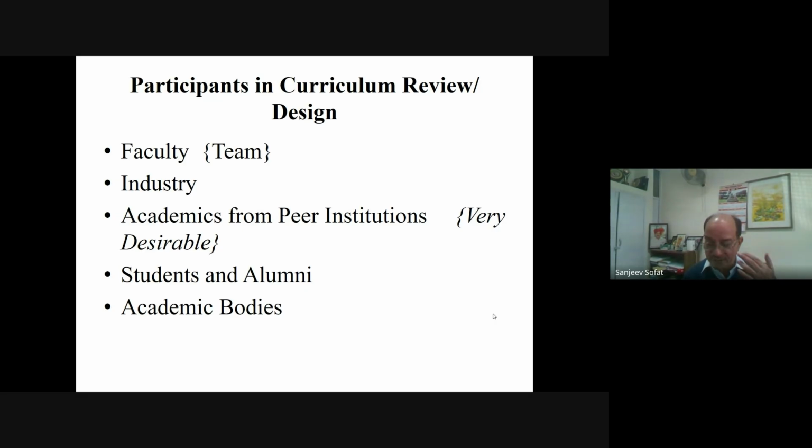Obviously, faculty is the one who designs this. Then peer institutes help in designing because they have their experiences, and they share them for making this particular curriculum. And then we have students and alumni. Alumni have gone through the curriculum, maybe 1 year back, 2 years back, 5 years back, and they can give you the feedback.